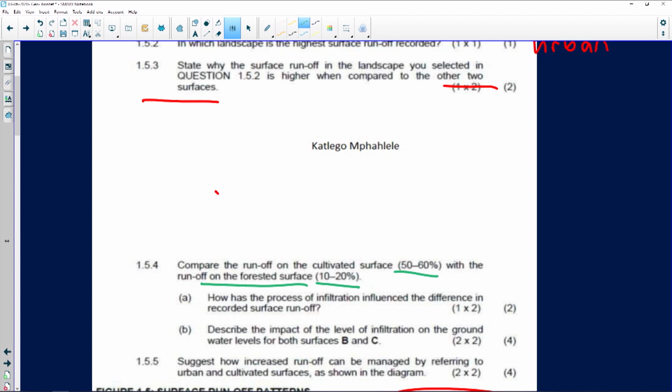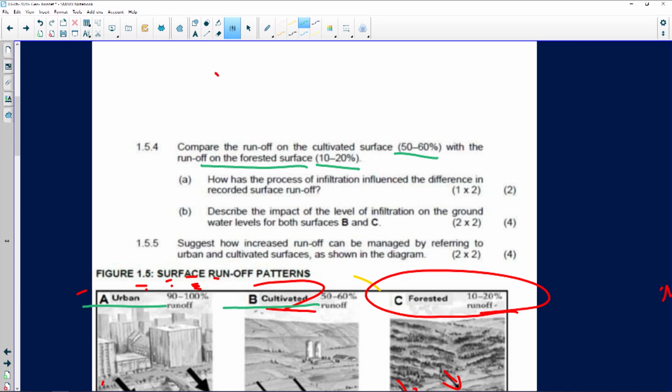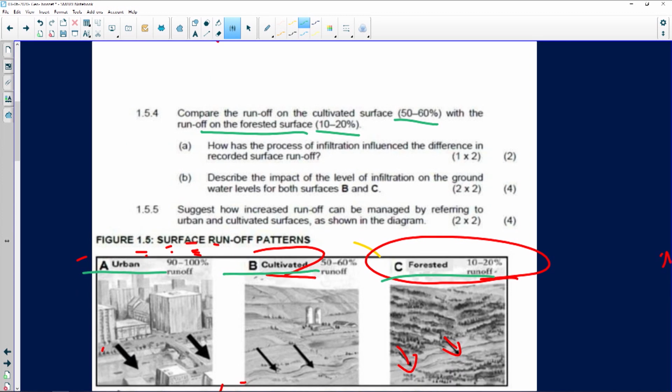Now, in 1.5.4, we need to compare these two with one another. Even though both are covered with vegetation, one is man-made vegetation in comparison to the forested area. There's a massive difference between runoff.